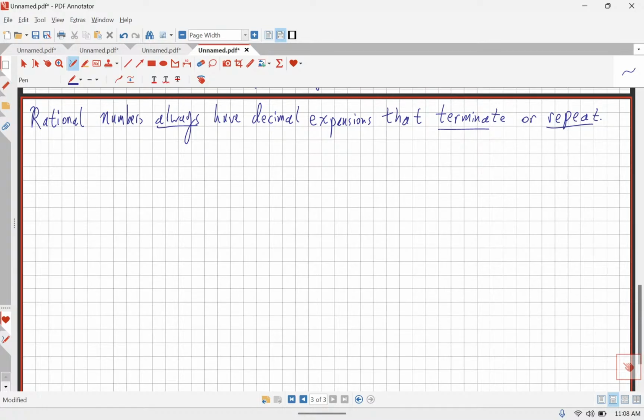I've been talking for a long time. When I say teach, I want you to say, okay, if a rational number is a number that can be written as a fraction of integers and therefore has decimal expansions that terminate or repeat, what do you think is true about irrational numbers? How do you think we can tell which ones those are? Teach! Irrational numbers.